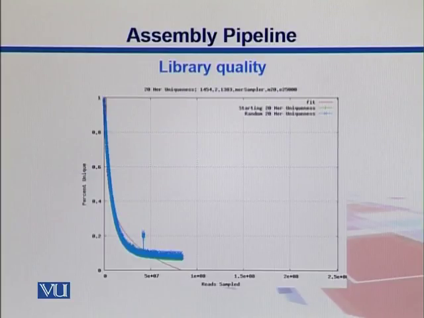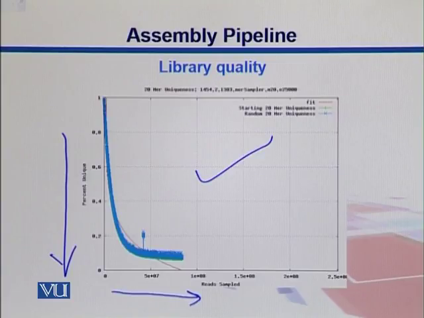If we plot normal genomes, which are the good quality selected read data, the distribution looks like this. As we increase the number of reads sampled, the uniqueness decreases. This is an example of good quality data versus this one.